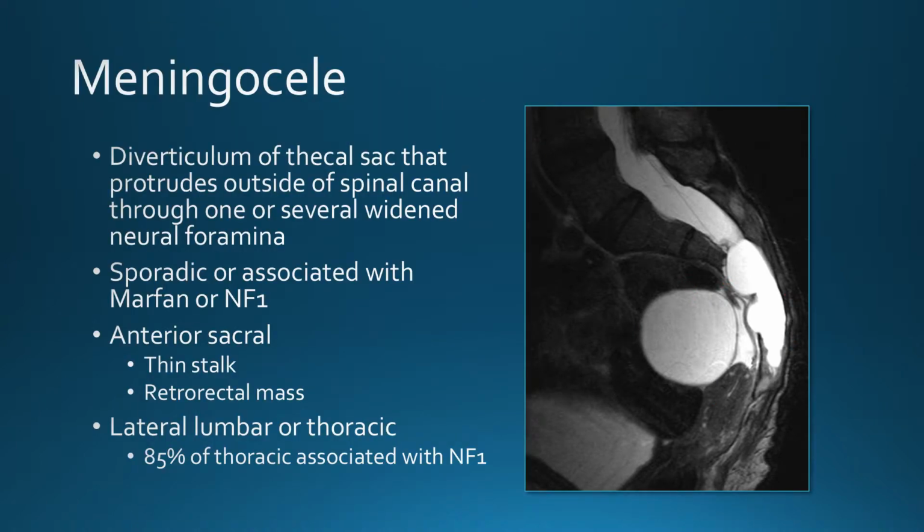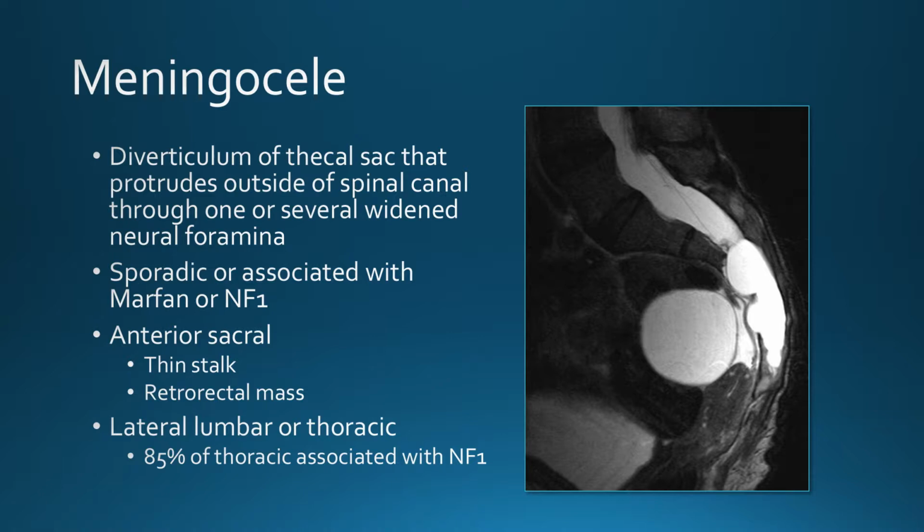And this is a meningocele. So a meningocele is a diverticulum of the thecal sac that protrudes outside the spinal canal through one or multiple widened neural foramina. These can be sporadic, or they can be associated with either Marfan's or NF1.